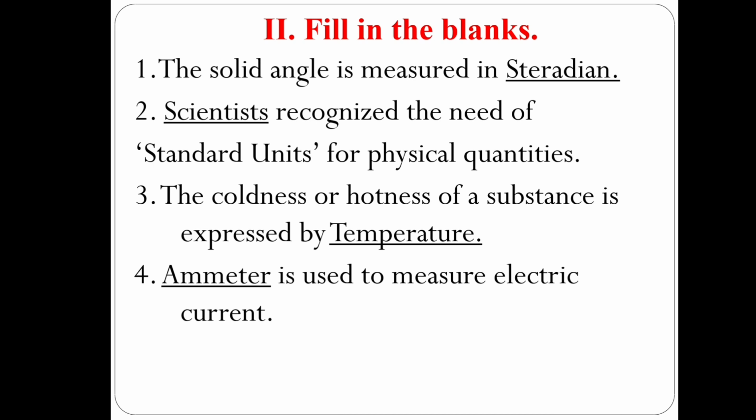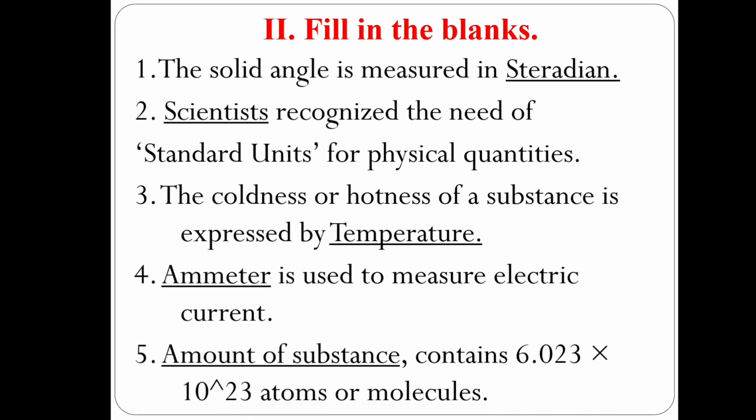Dash is used to measure the electric current. In the choose itself, we saw the answer. What is the answer? Ammeter. Ammeter is the instrument which is used to measure the electric current. Dash contains 6.023 into 10 to the power 23 atoms or molecules. That is amount of substance.